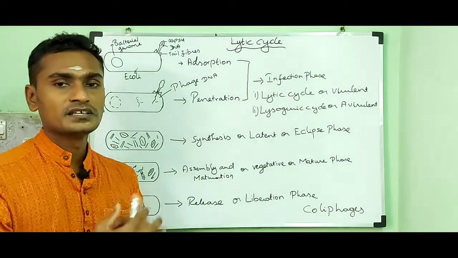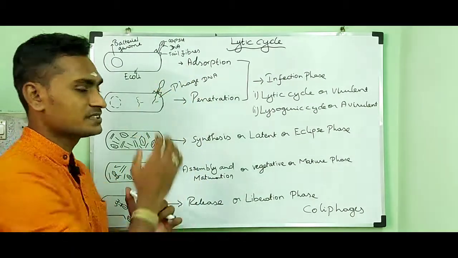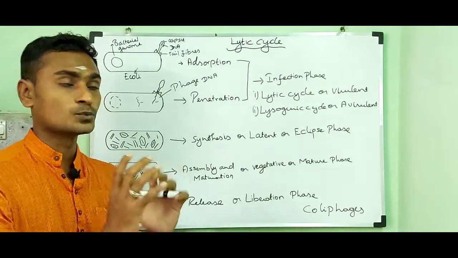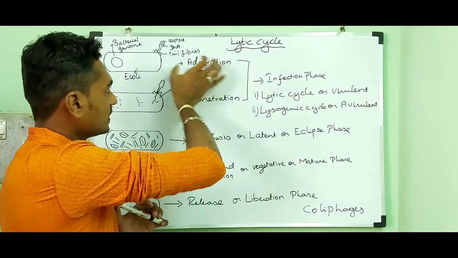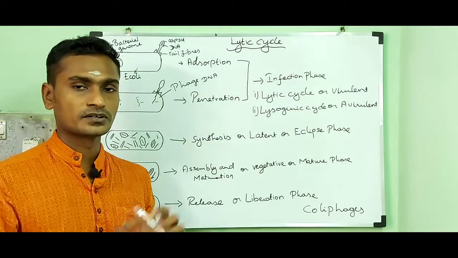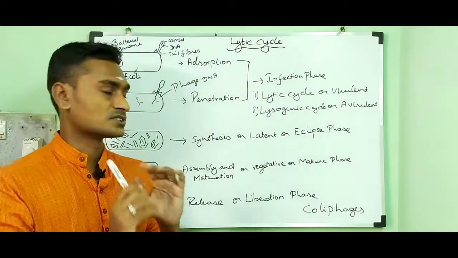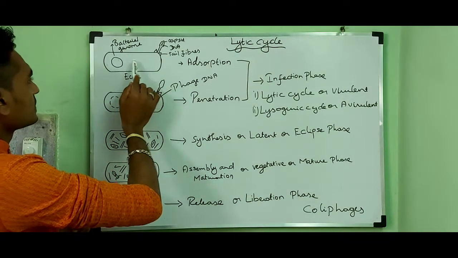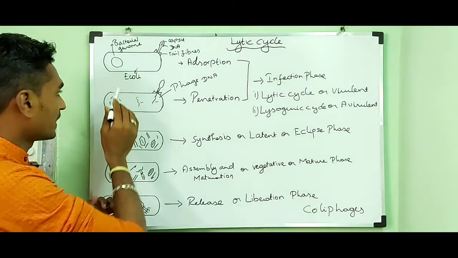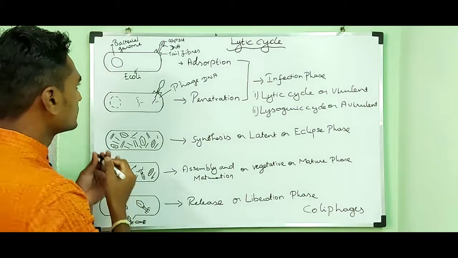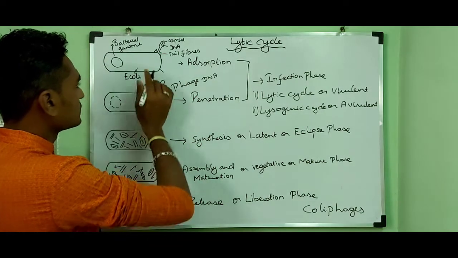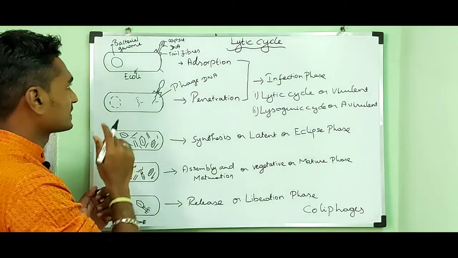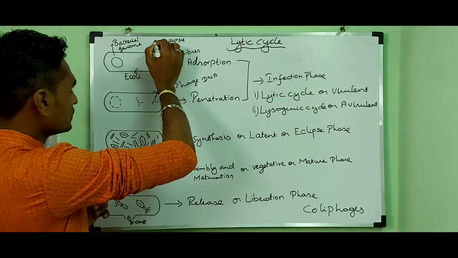So, let me explain the process one by one. First, I am going to tell about the adsorption process. This is the host cell, that is called the E. coli cell or bacterial cell, and this is the T4 bacteriophage.